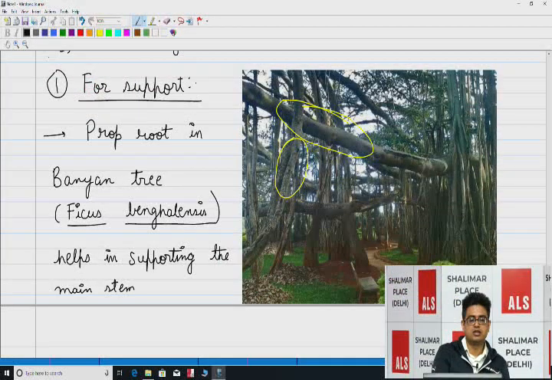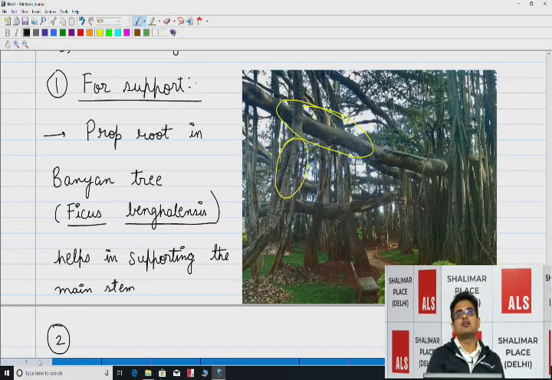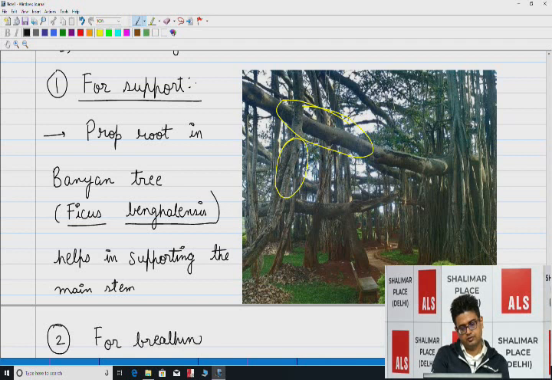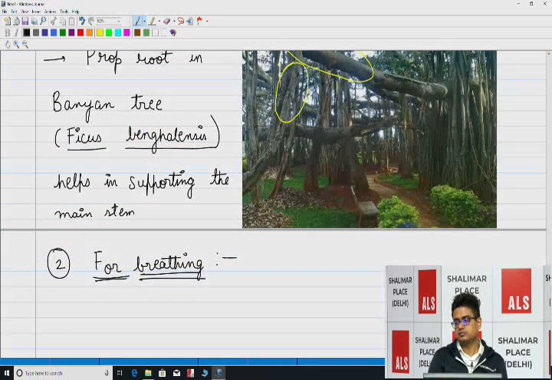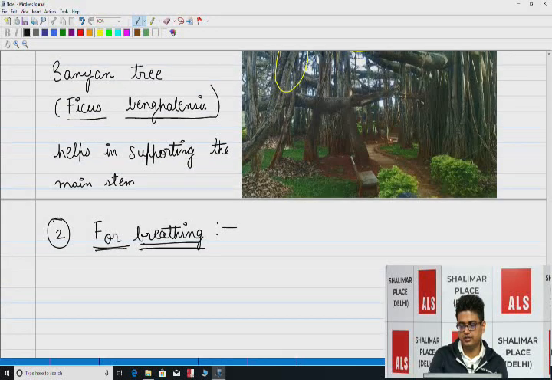How many people have seen the mangrove trees? Has anyone seen the mangrove trees? Yes or no? Okay, so you have not seen that.